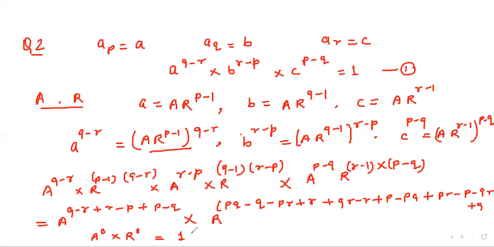Now consider the next question. Question number 3. The pth term ap is a, the qth term aq is b, and the rth term ar is c.